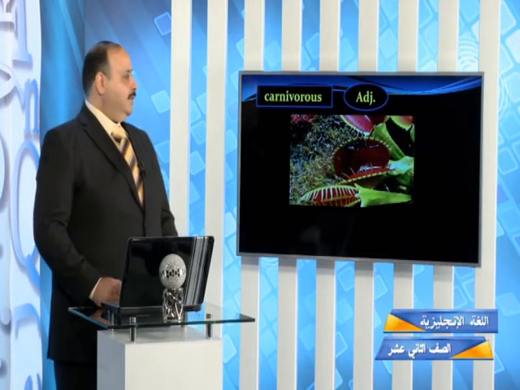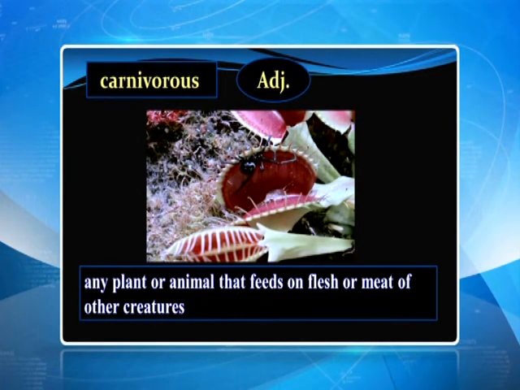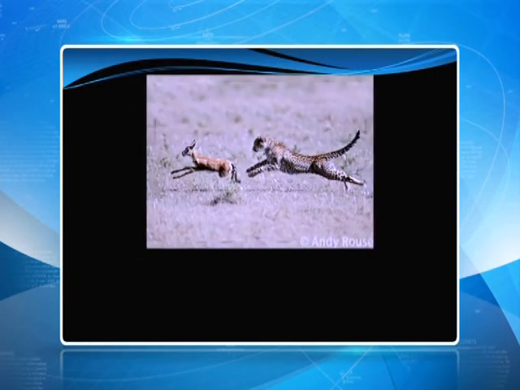Now, look again. Any plant or animal that feeds on flesh or meat of other creatures. Now, this is about plants. Can we use carnivorous to describe animals? Yes, of course. Let's see the other picture. So the picture is quite clear here. You see a cheetah, and the cheetah is chasing a deer.